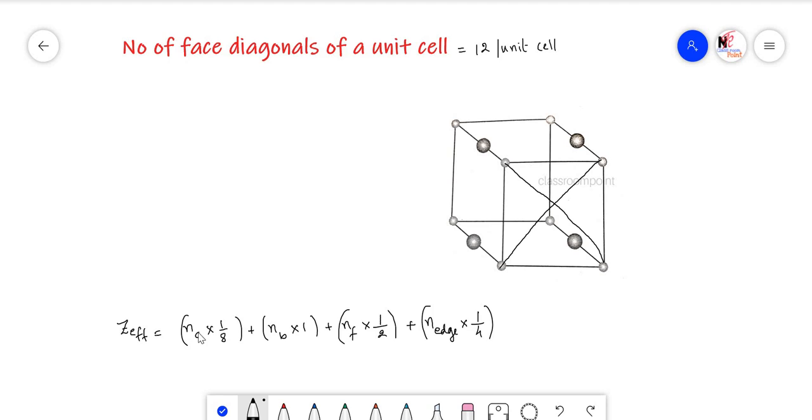So just substitute the number of atoms. For example, in the case of the body center, face and edge center atoms will not be there, so you need to consider only these two. In the case of simple cubic, you have to consider only this one. In the case of face center, you have to consider this one and this one, and neglect the others. Like this, we can calculate the effective number of atoms present in a given unit cell.